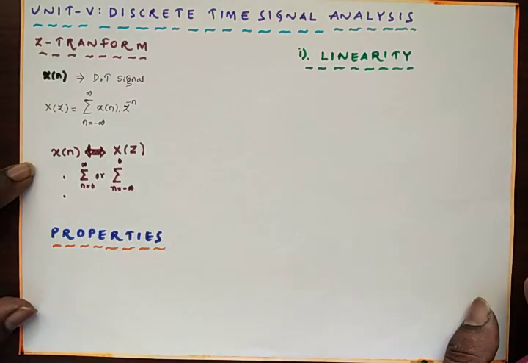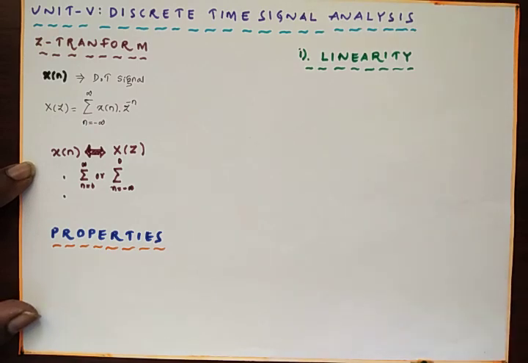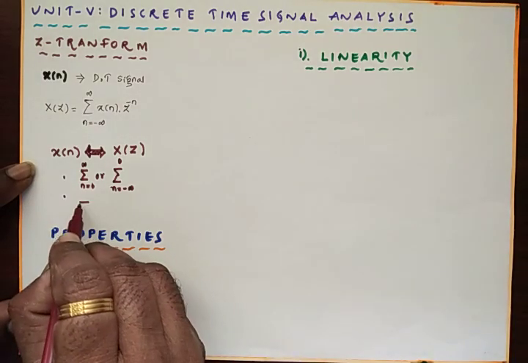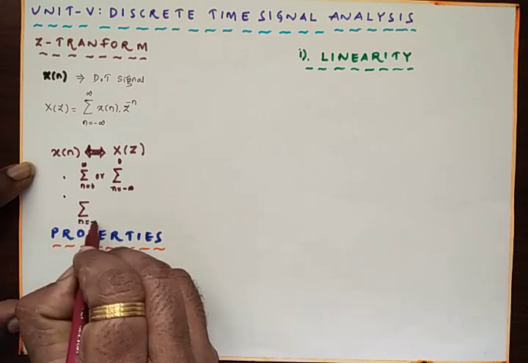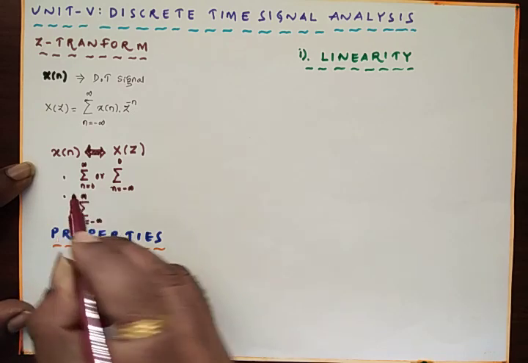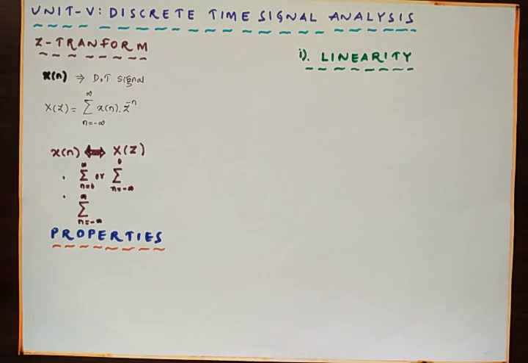This is called unilateral Z transform. Bilateral means we can have the Z transform on both sides, sigma n equals minus infinity to plus infinity, including n equals 0 also.